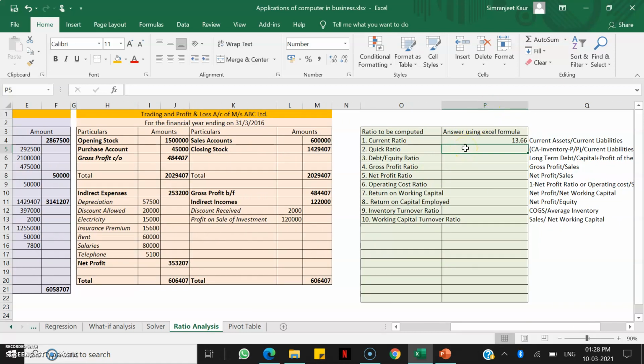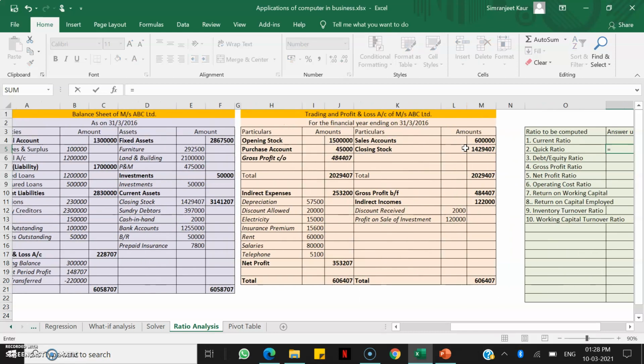Now coming to the next one, quick ratio. So this is another derivative of current ratio, but a more refined one, since we want to know the assets which are even more liquid, right? So what we do is we deduct inventory and our prepaid expenses out of the current assets, and then we divide it by current liabilities. So let me do the same.